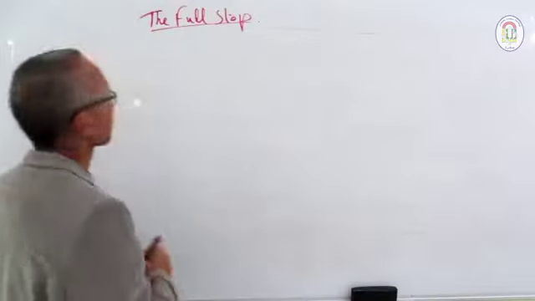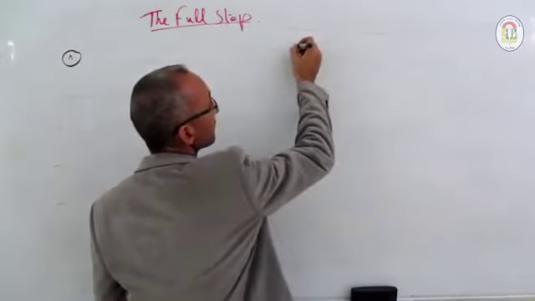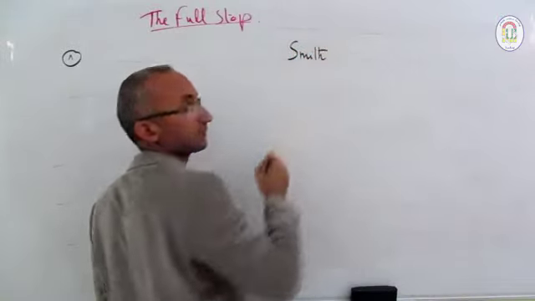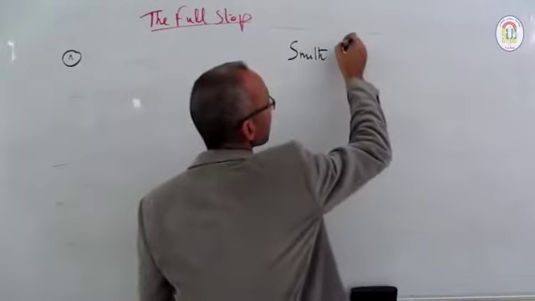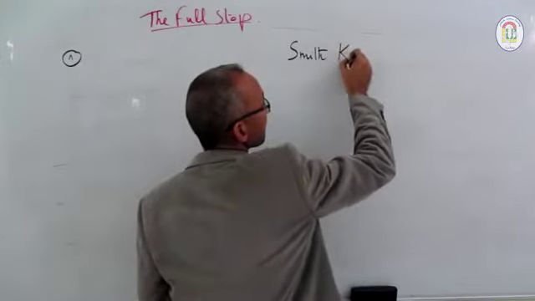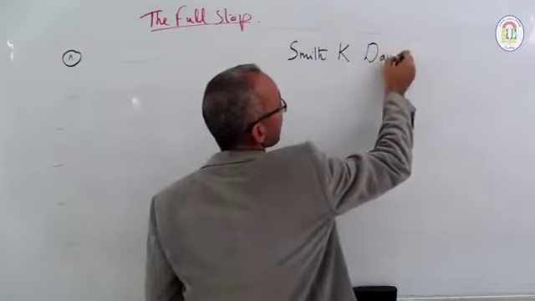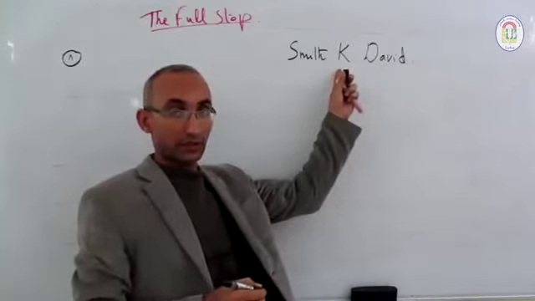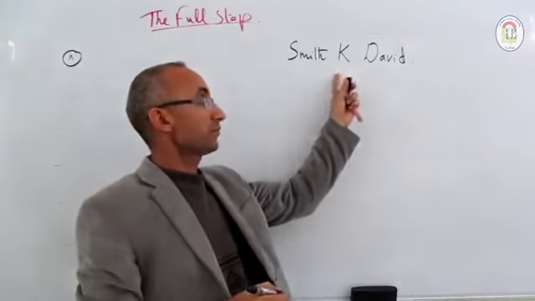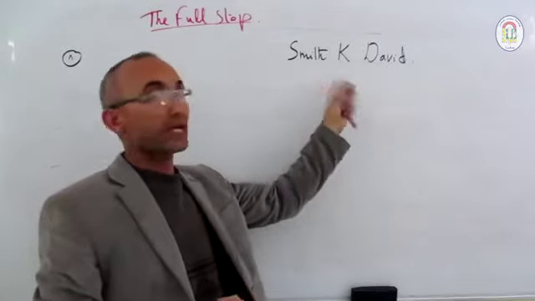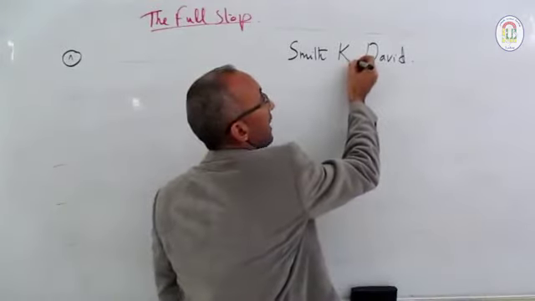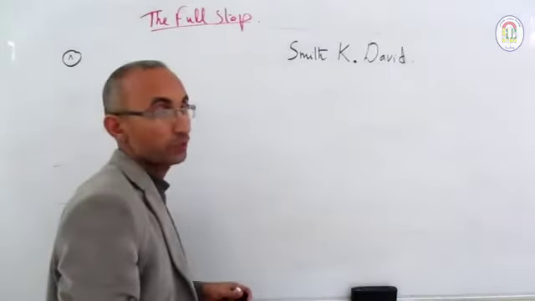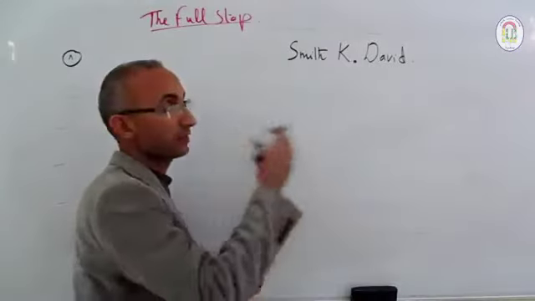For example, we write Smith, Clark, David. Whenever we use an initial letter instead of a full name, we must always put a full stop after it. Only a full stop after any initial letter that represents or replaces the full name.